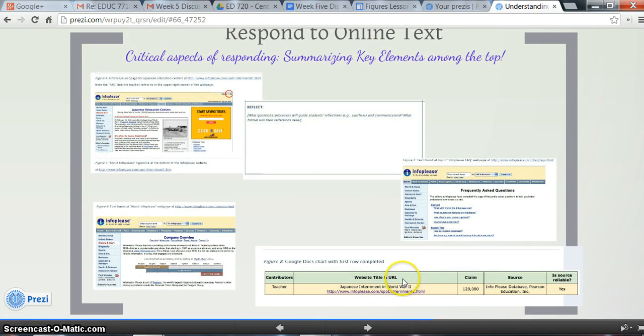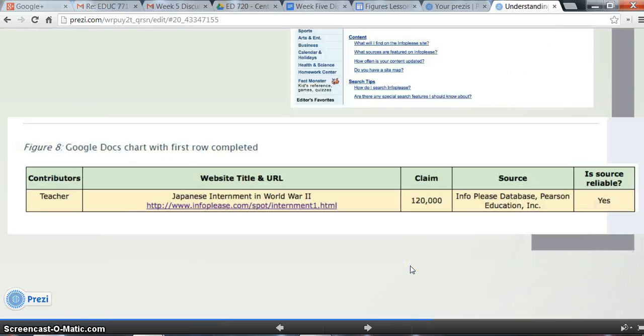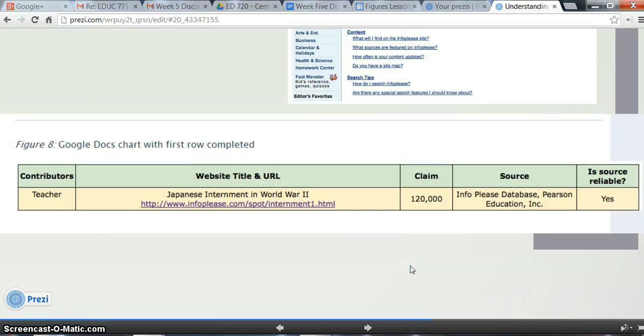Having done those exercises, we now can agree that this website claims that 120,000 were interned during World War II.